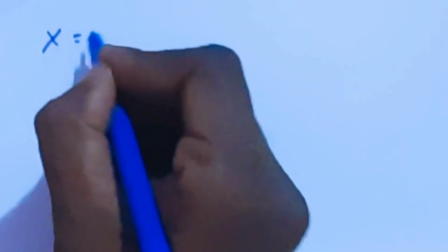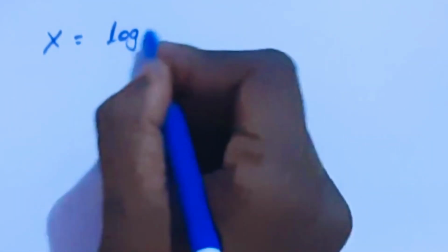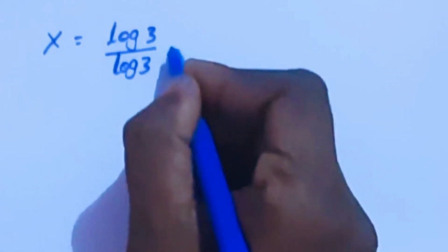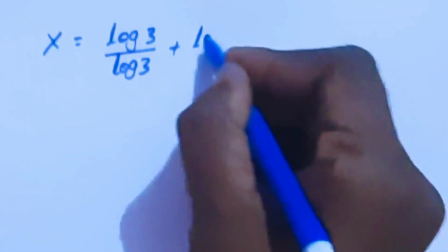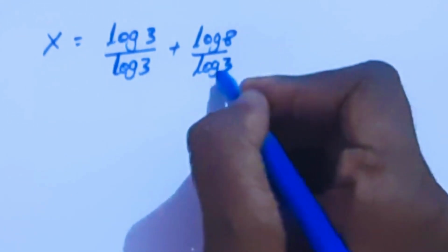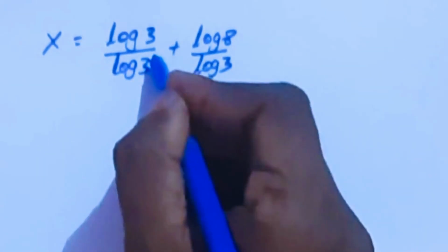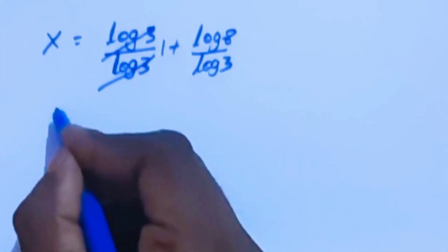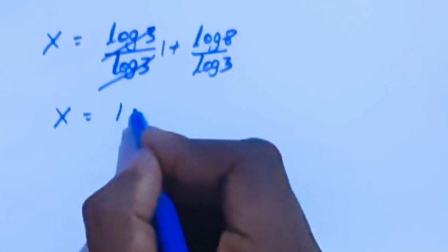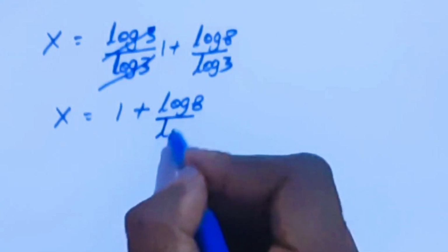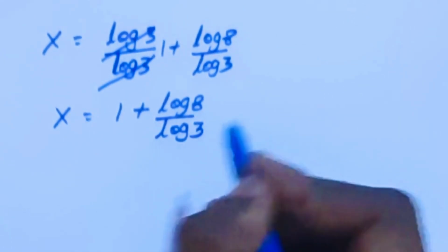Now this can be written as x equal to log 3 by log 3 plus log 8 by log 3. Now this log 3 cancels this log 3, so here 1. So we have x equal to 1 plus log 8 by log 3.